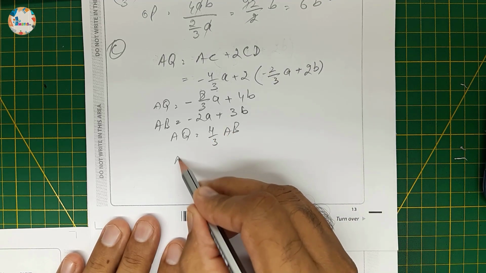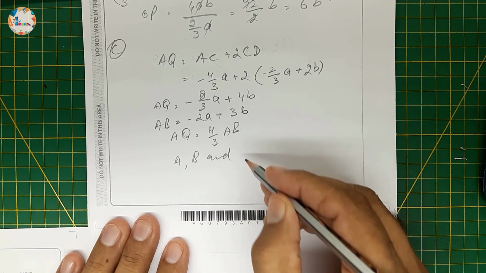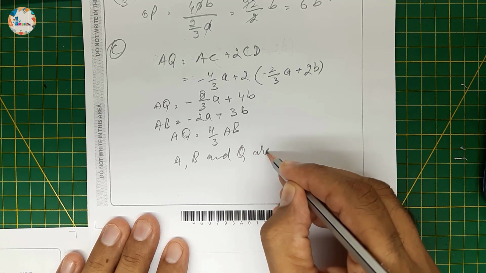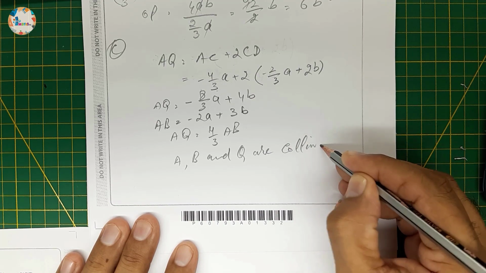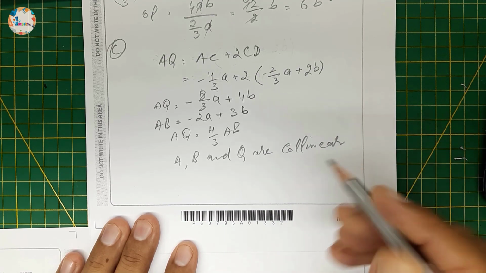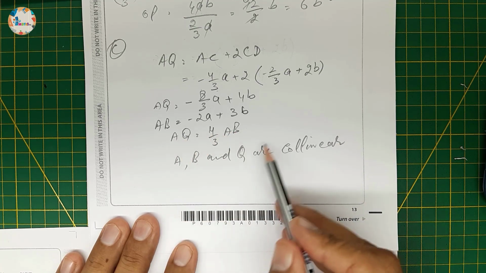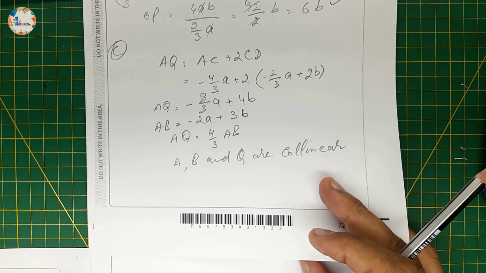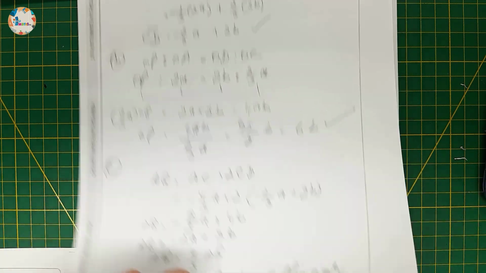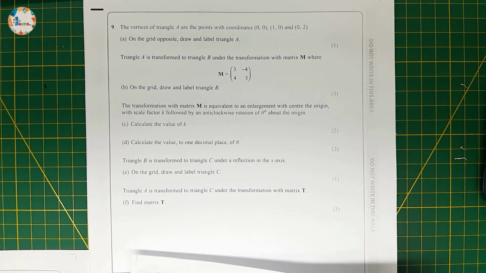So A, B and Q are collinear. When we prove that they are multiples of each other, it means they are part of the same line, so they are collinear. So this is done. Now we can move to the next question.